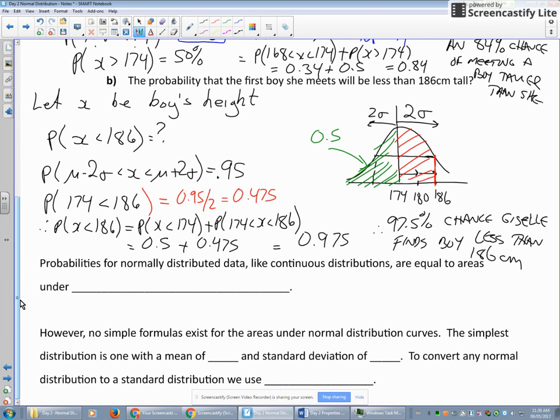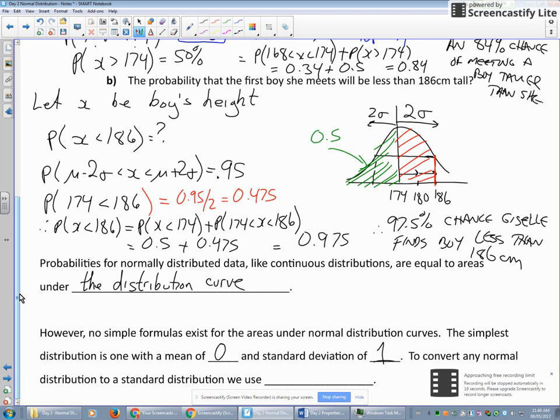Probabilities for normally distributed data, like continuous distributions, are equal to areas under the distribution curve. However, no simple formula exists for the areas under normal distribution curves. So the simplest distribution is one with a mean of 0 and a standard deviation of 1.